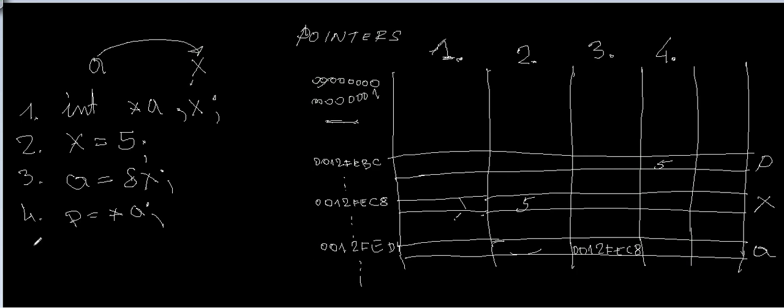And finally line number 5. In line number 5 we will write that the value in the address a is 10, and here we have the end of the statement.